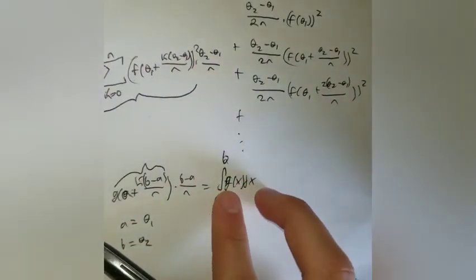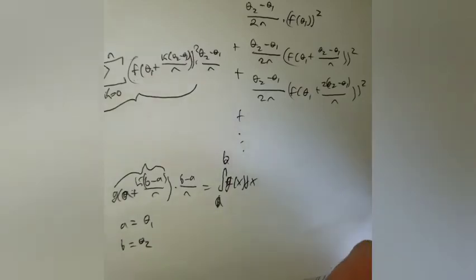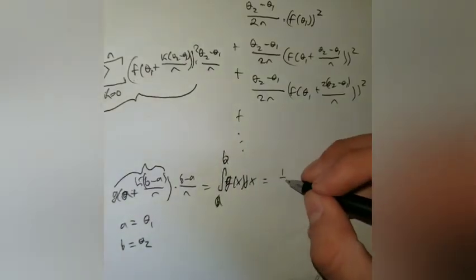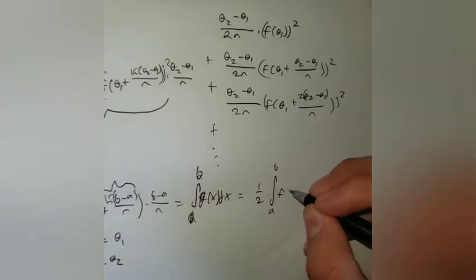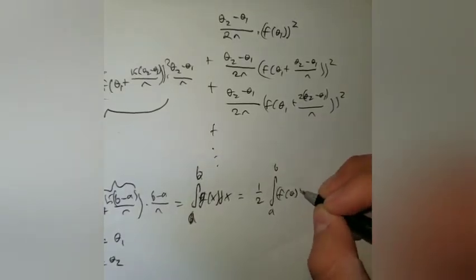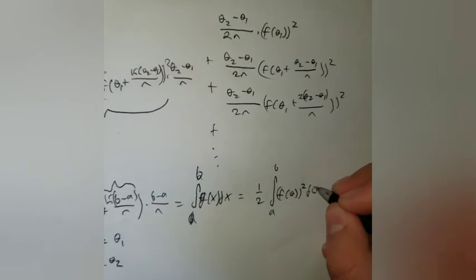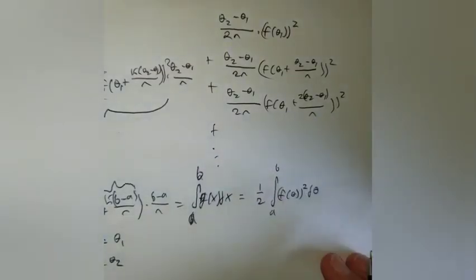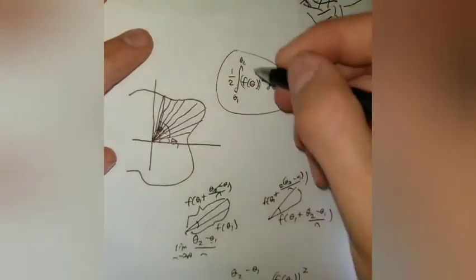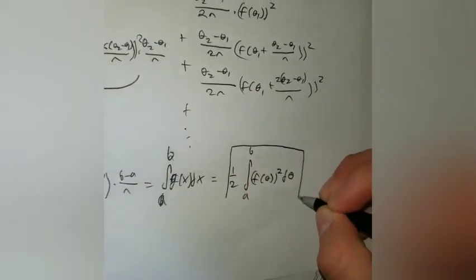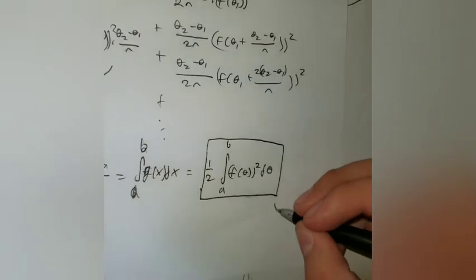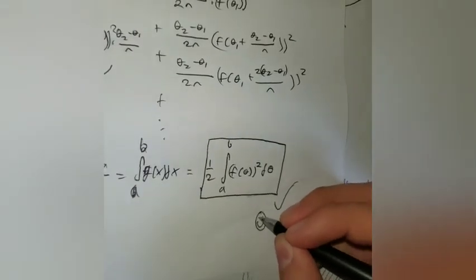In this case, it's not g of x, it's f of theta squared from a to b, f of theta squared with respect to theta, which is what we stated before. So just draw a box around it. Check mark, smiley face, and we're done.